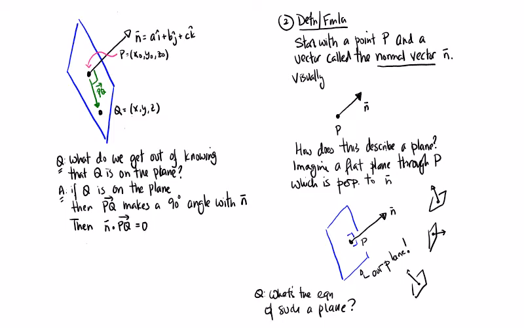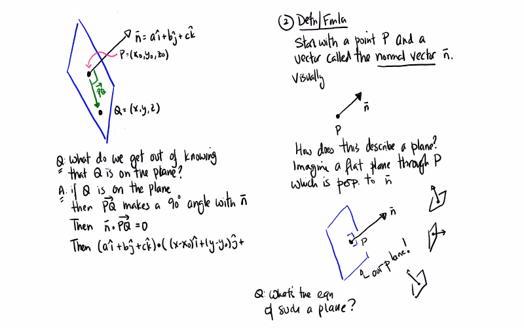So then we say, what does this mean? Well, what's the dot product? What's PQ? N, we know that. That's ai plus bj plus ck. That gets dotted. What's PQ? We get PQ by taking Q minus P. That's x minus x0 i plus y minus y0 j plus z minus z0 k.